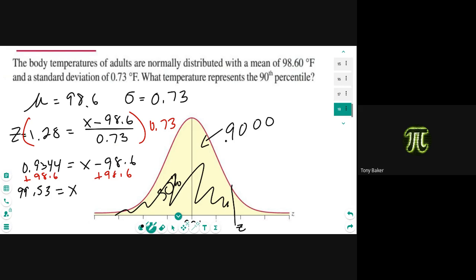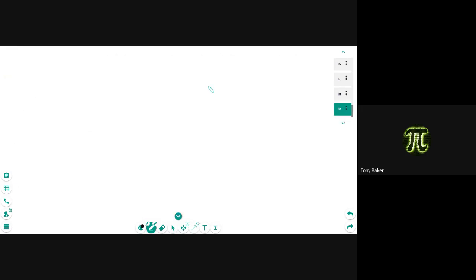Let's do another one of these. Ooh, I like this one. Remember what I said at the beginning of class? If a teacher in one of those classes ever tells you the grading is on a bell curve, run.